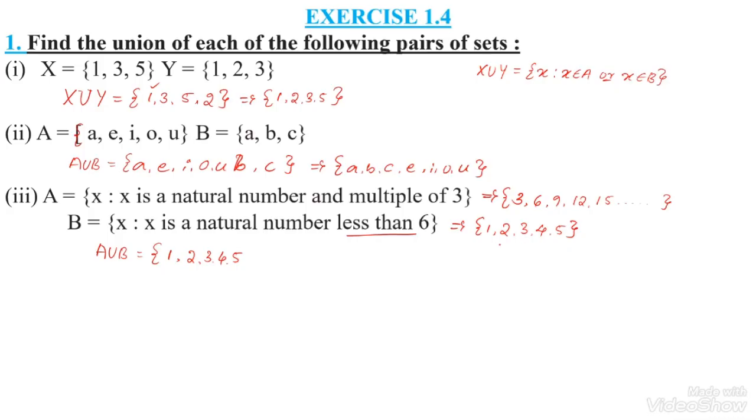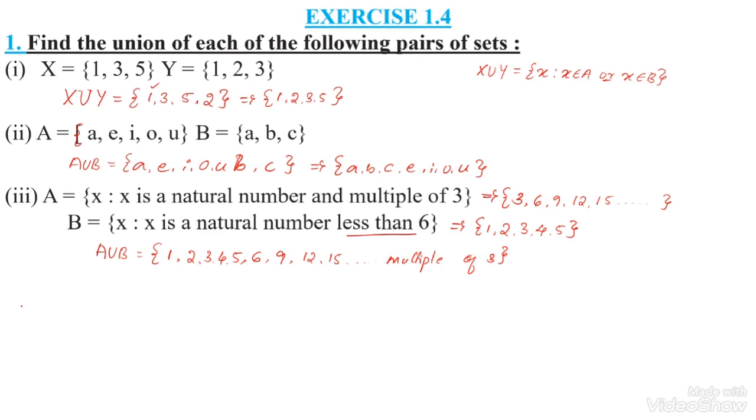So I can write the finite set first. After that, 3 is already repeated. Next elements: 6, 9, 12, 15 and so on, that is, multiples of 3, up to so on.